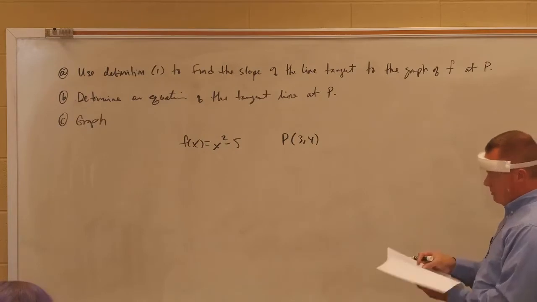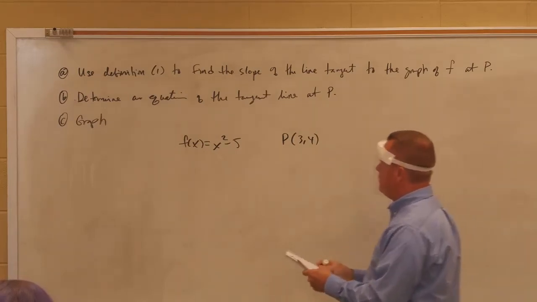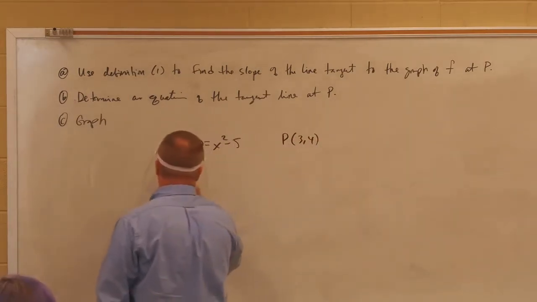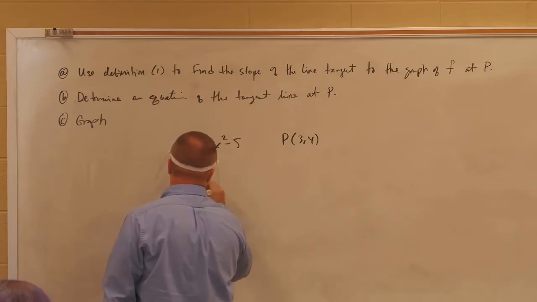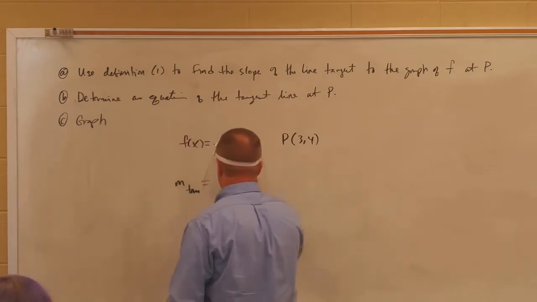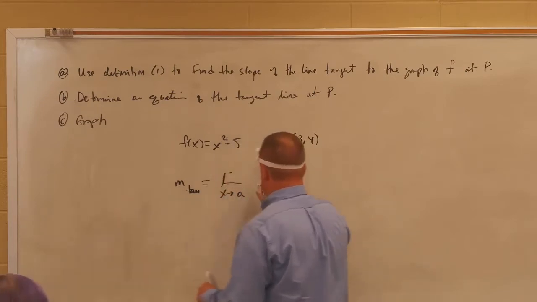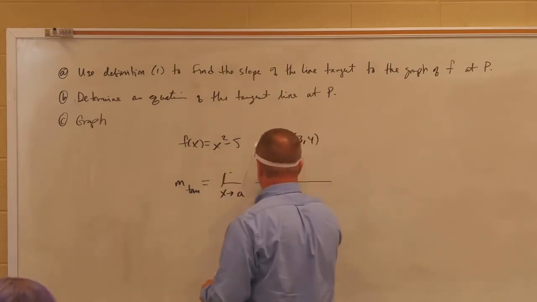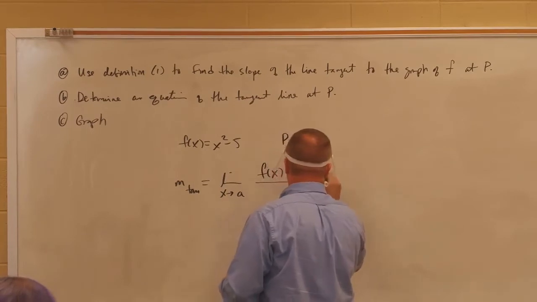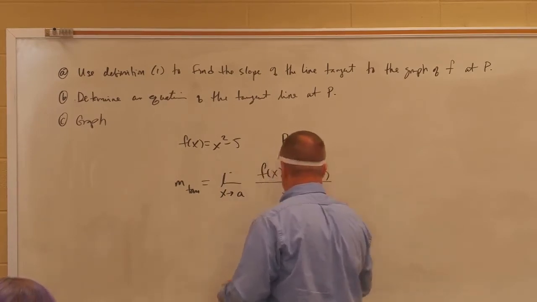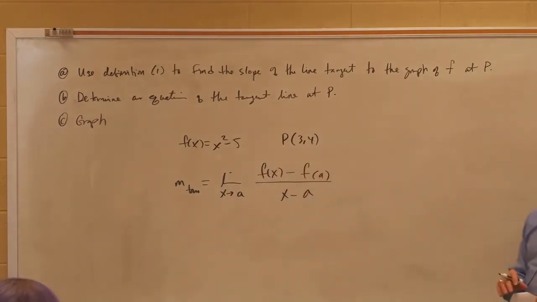So following this first definition, the slope of the tangent line will be the limit as x approaches a of f of x minus f of a over x minus a. So that's the first definition that they gave us. Difference of y's divided by difference of x's.